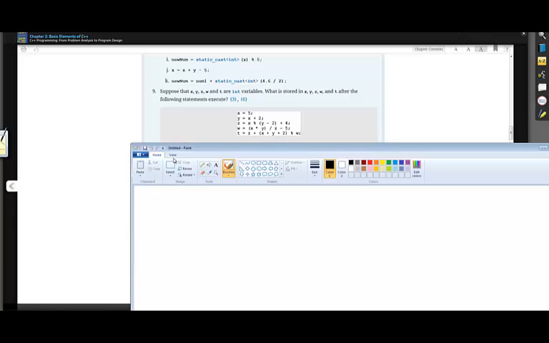So what I'm going to do is use this right here and kind of draw a little chart across so you know what's happening inside the memory. And you have 5 variables, to be exact, right? X, Y, Z, W, and T. I'm going to draw a line like this.